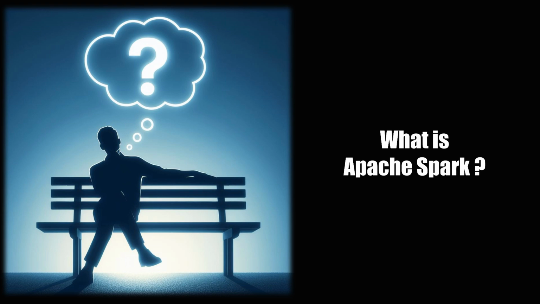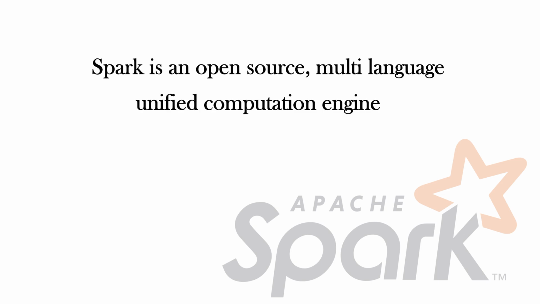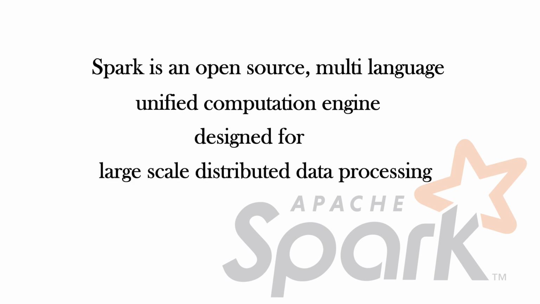But still, let's look at the proper definition of Spark. Spark is an open source multi-language unified computation engine designed for large-scale distributed data processing. Don't worry if this is too much to consume at once. I'm going to break this down into several parts and explain each of them.